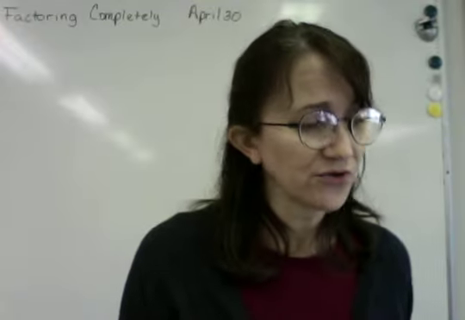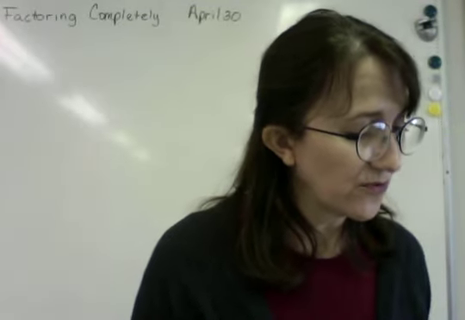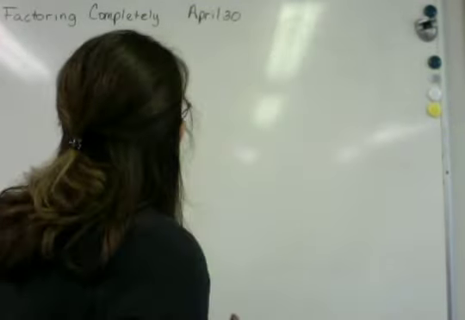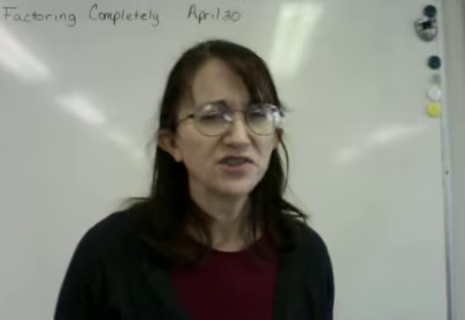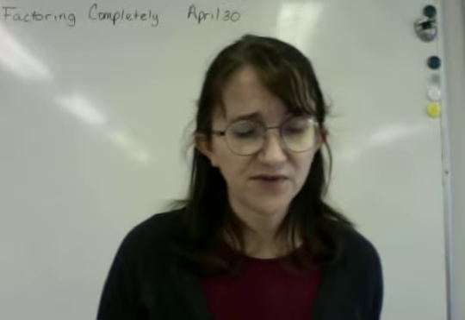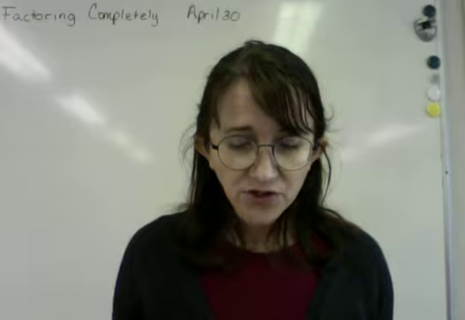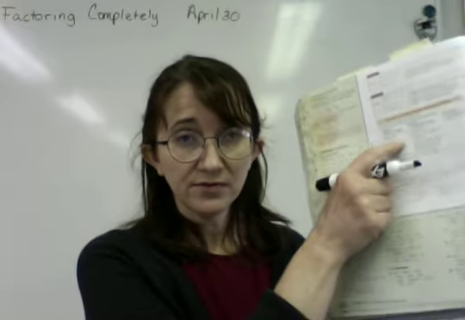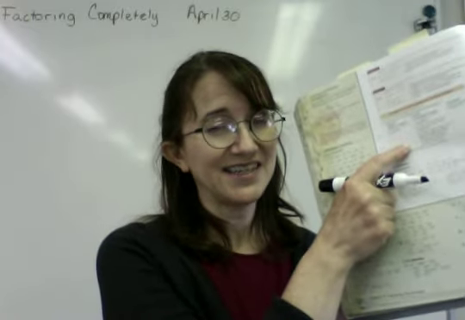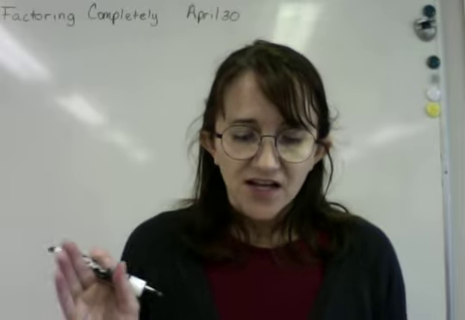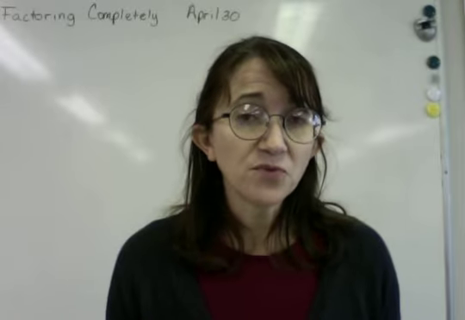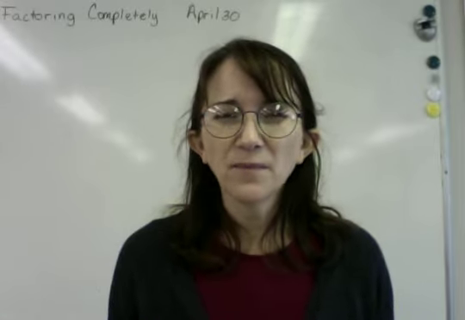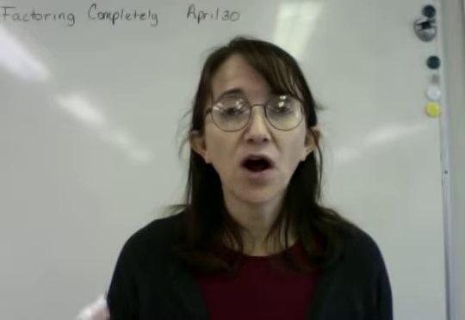So let's go over your strategies. Let's just concentrate on strategies first. So I'm looking over this table, and I've put quiz and test right here. Your first strategy is from 10.1. Factor out that common monomial. Is there a common monomial?